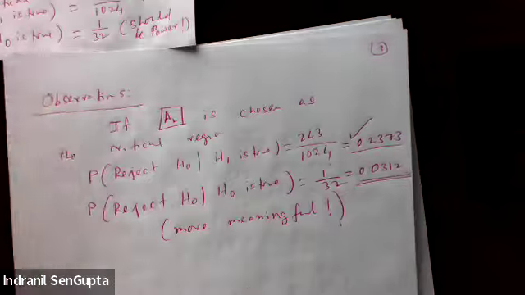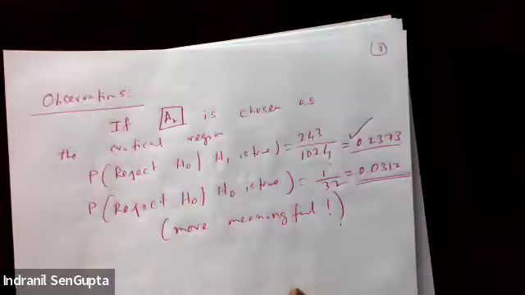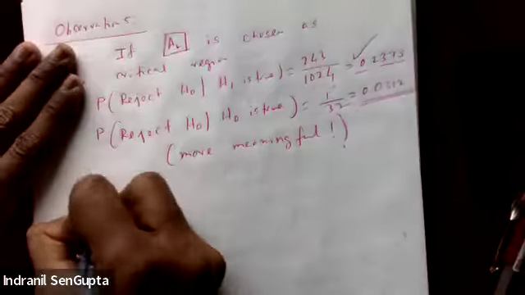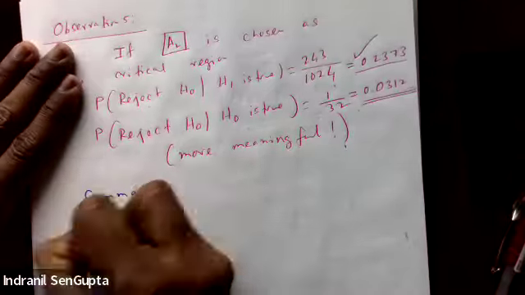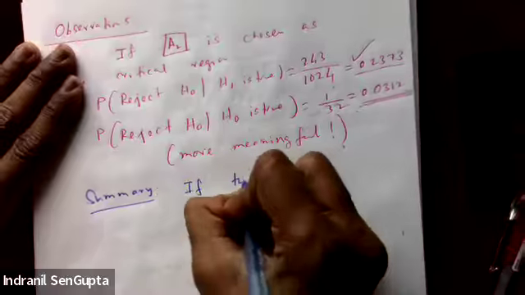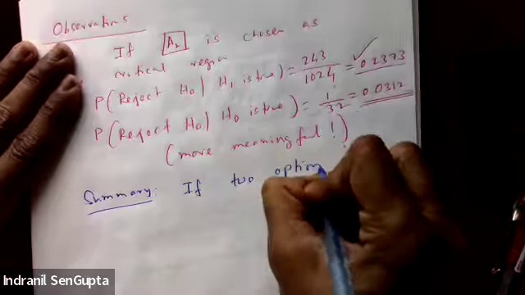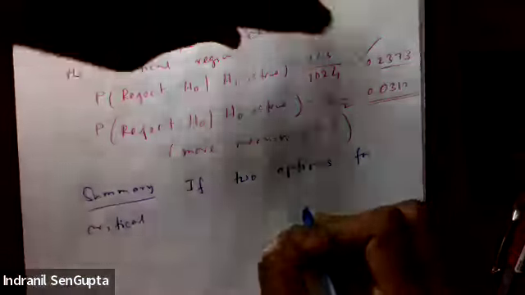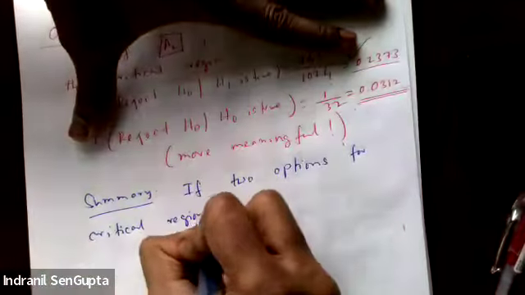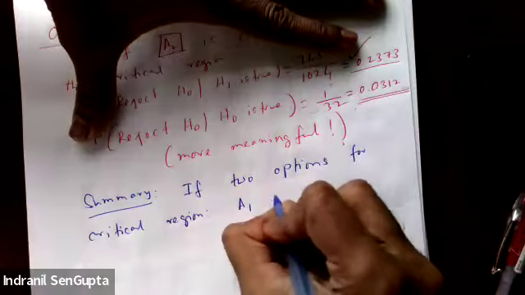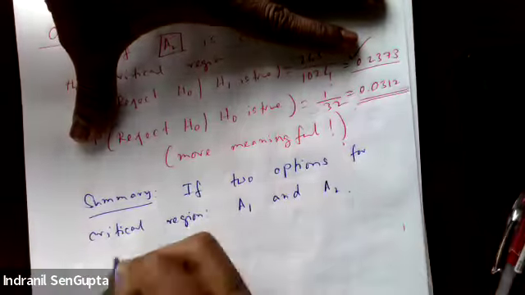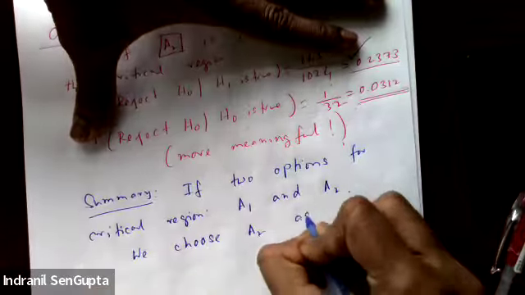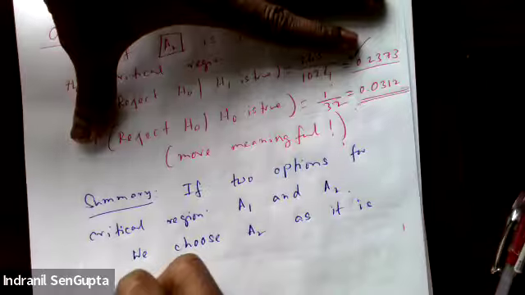So if I give you two options, summary: if two options for critical region, in this case A1 and A2, we choose A2 as it is meaningful.